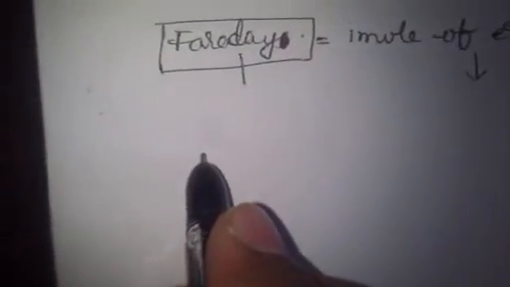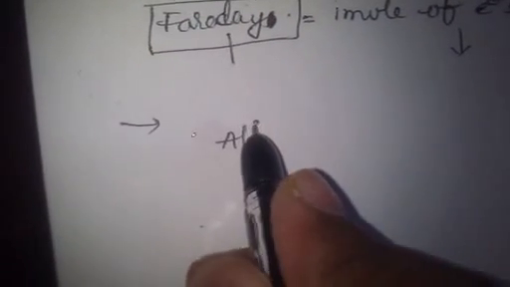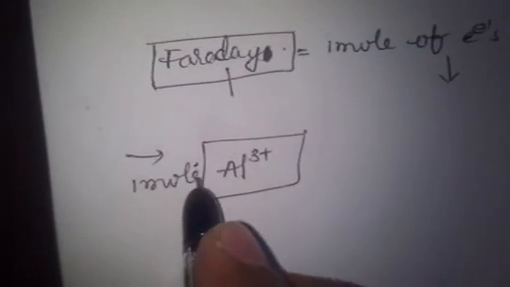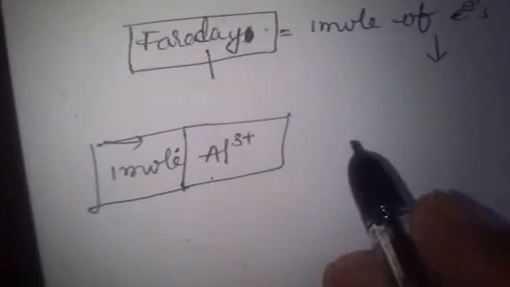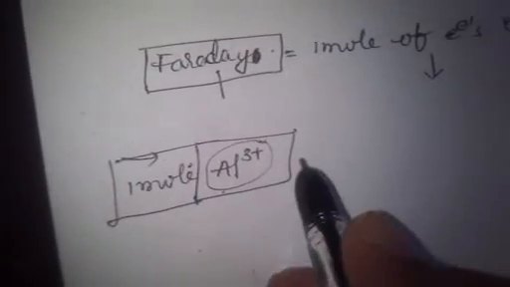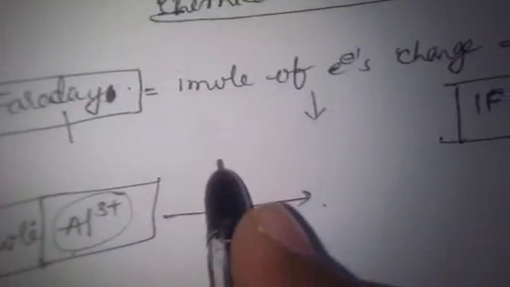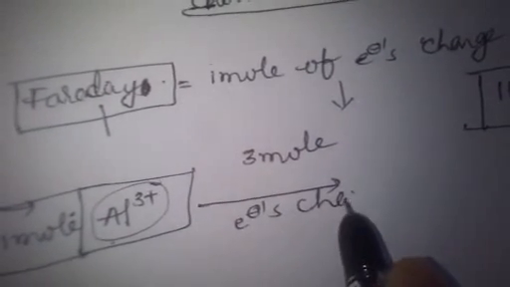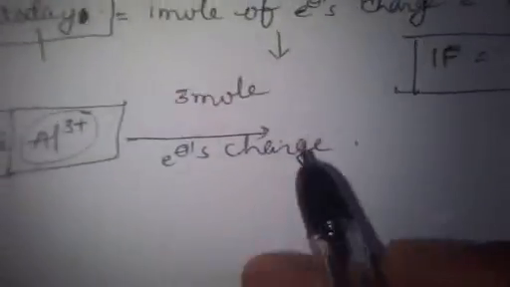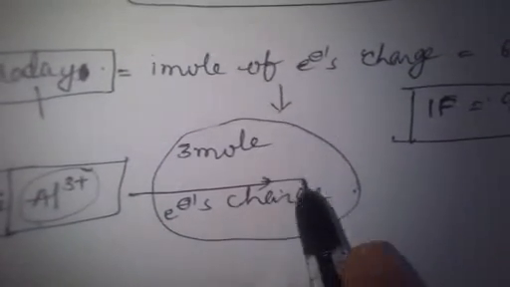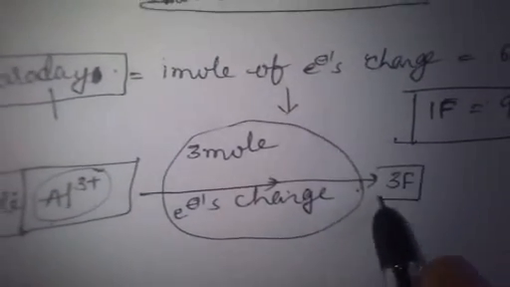For example, take Al3+. For depositing 1 mole of Al3+, we have to use 3 moles of electrons' charge. Since 1 mole of electrons' charge is equal to 1 Faraday, 3 moles of electrons' charge is equal to 3 Faraday.